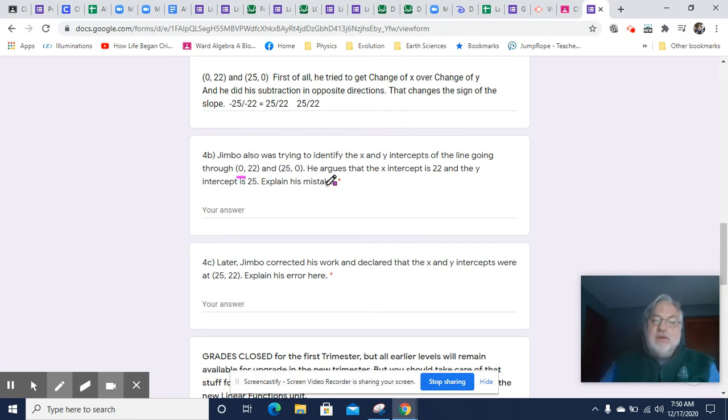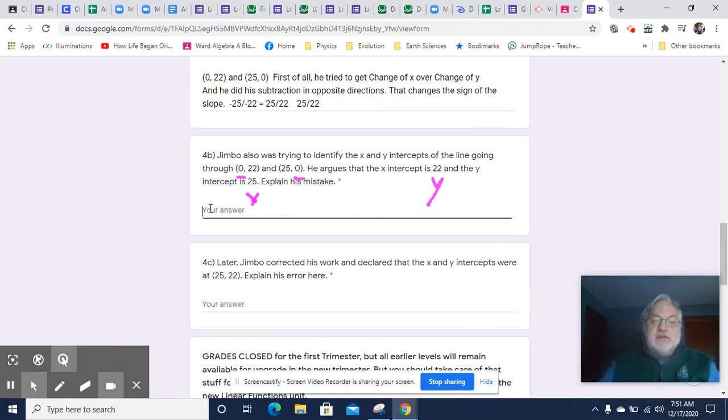So 22 is actually the y-intercept, and 25 is the x-intercept, because the x-intercept is on the x-axis, and the x-axis is defined where y is 0. So his big mistake is he switched the axes. He forgot that x equals 0 on the y-axis and y equals 0 on the x-axis.